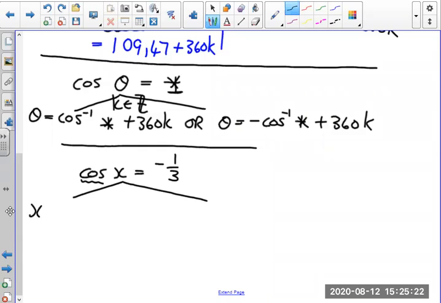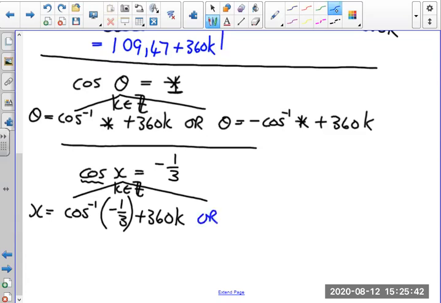You simply say x equals shift cos of whatever you have there plus 360k. Remember to add k an element of Z, otherwise you're going to lose a mark. Or, and now you just say x equals minus shift cos.